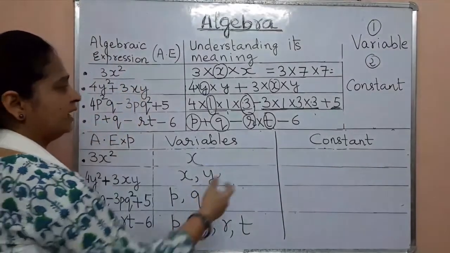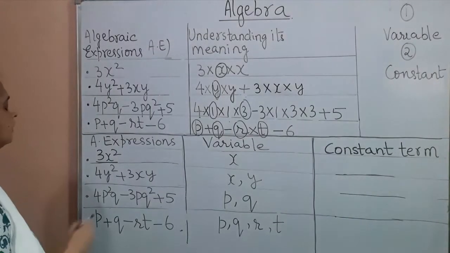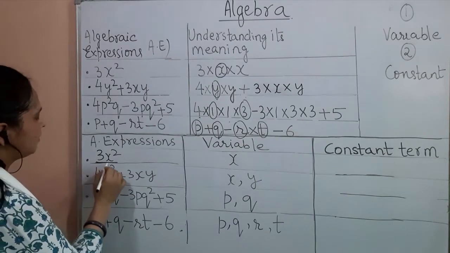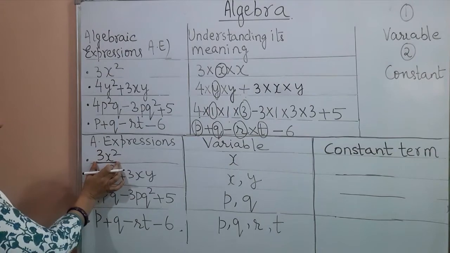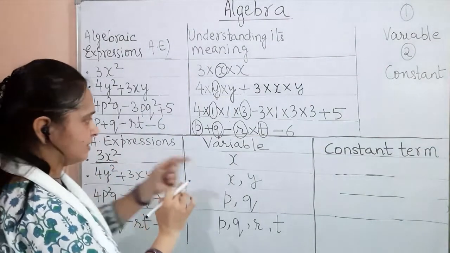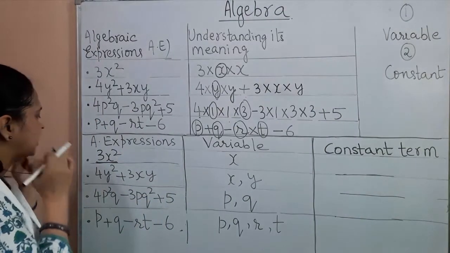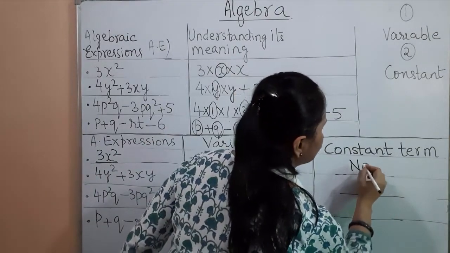Now let us see what is constant. In the first expression, we observe that we have just one term and it has a variable. That means the value of x changes, so the value of this expression will also change. That means there is no constant term.